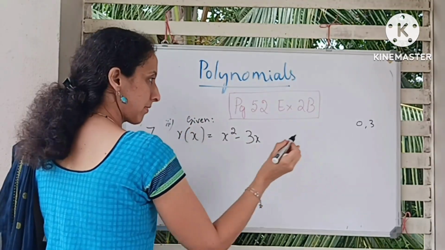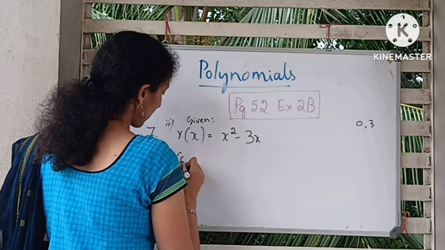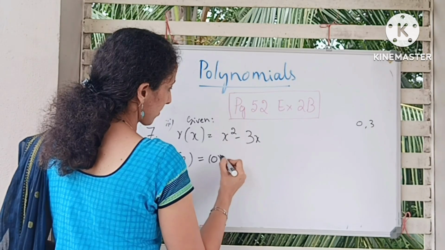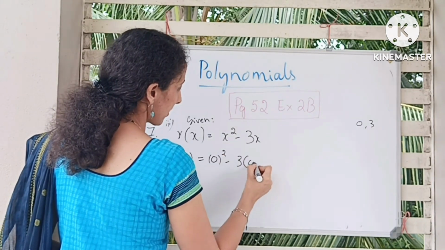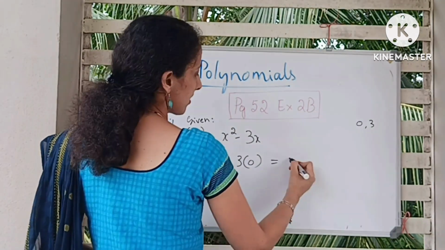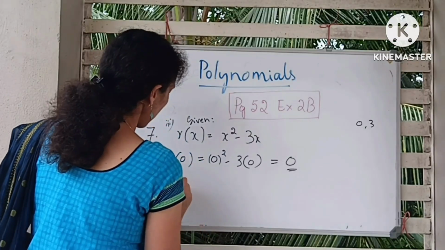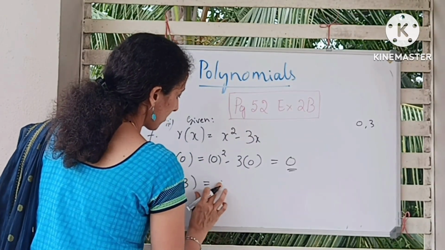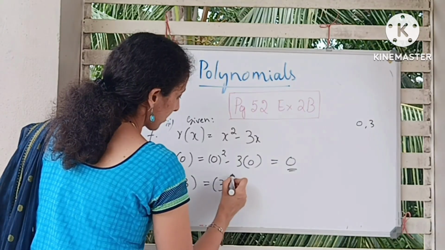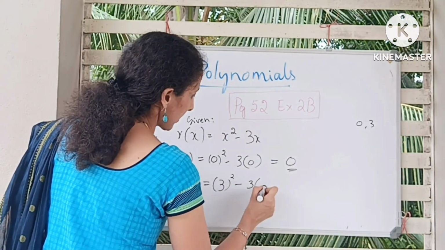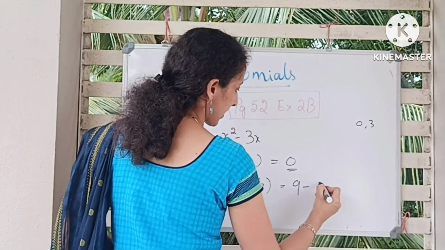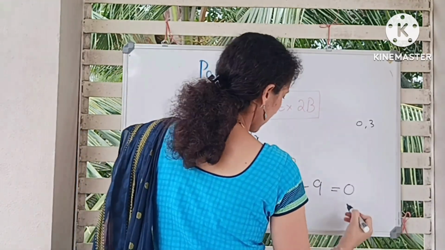and we take r of 0 is equal to 0 square minus 3 into 0, that is 0. R of 3 is equal to 3 square minus 3 into 3, that is equal to 9 minus 9, which is equal to 0.